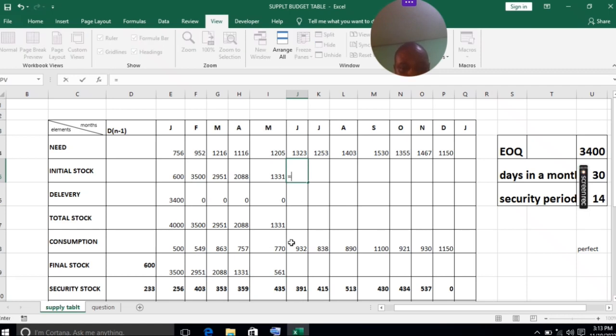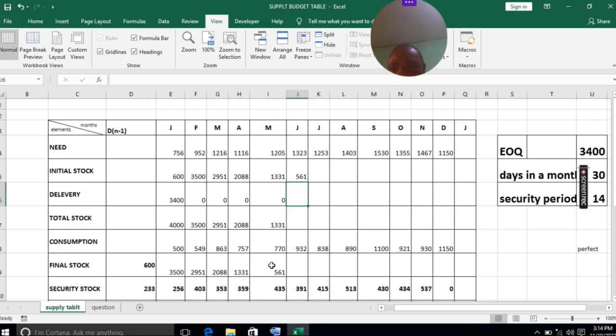Initial stock in June will be equal to 561, which is now less than the need. What we need in June is 1,323, but the only stock at hand, which is the initial stock, is only 560. So the initial stock is less than what we need, so we'll not be able to produce if we don't receive replenishment.